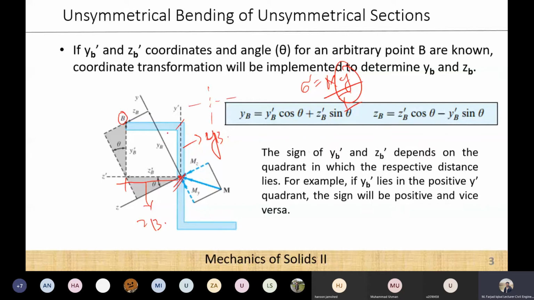Now in this case, I have to calculate these two distances. So we did one derivation in one of our lectures, and we developed this equation: yb is equal to yb dash cos theta and zb dash sine theta.